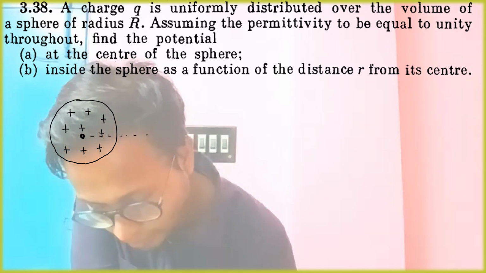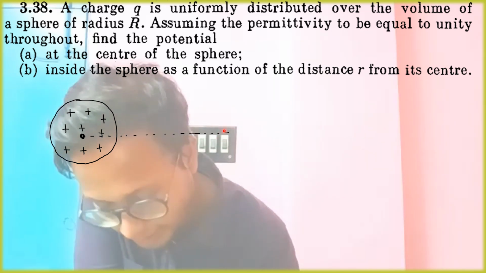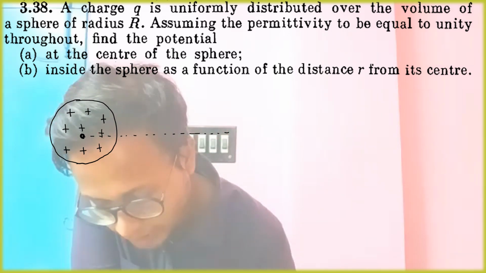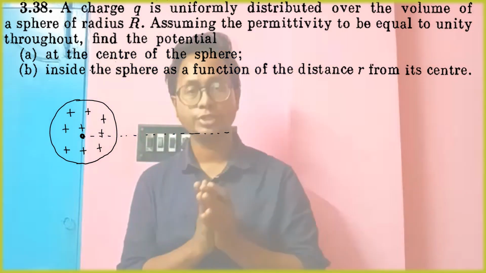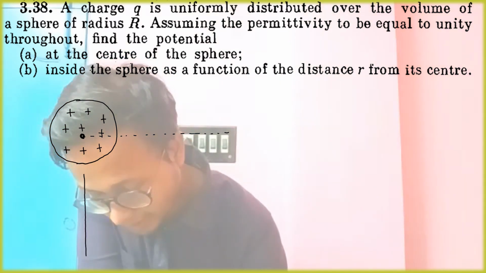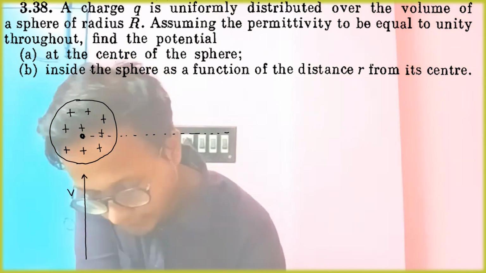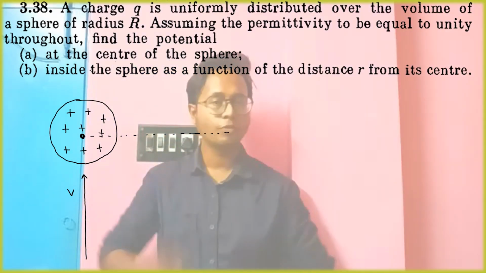Suppose I'm taking the potential at any point in space. That means I can find out the potential at r out here. Okay. So how I'll try to approach this question is I'll draw a graph. The y-axis will represent the value of potential, the magnitude and the sign of potential.